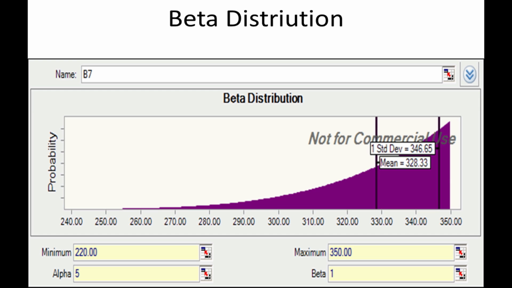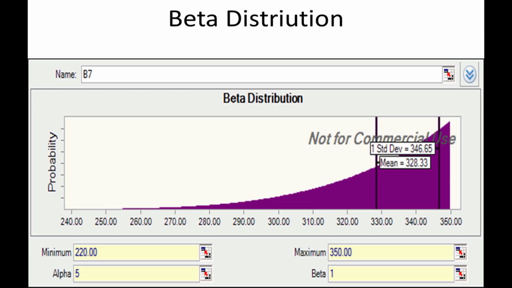Finally, for the beta distribution, I chose a minimum of 220, a maximum of 350, and by choosing alpha to be 5 and beta to be 1, the beta distribution assumes this shape, which is strongly skewed to the right.